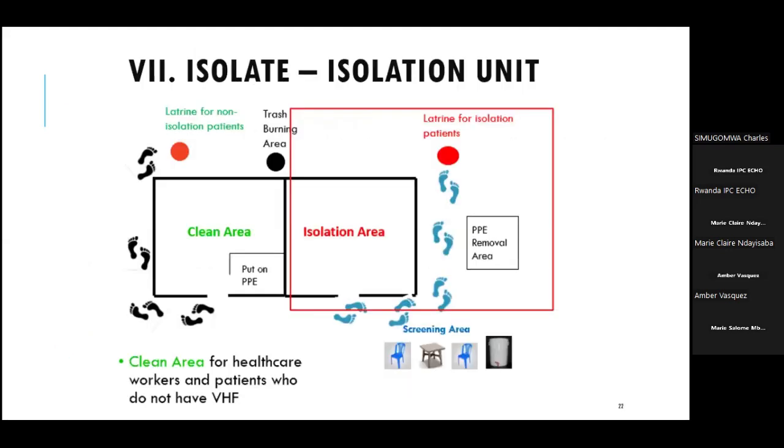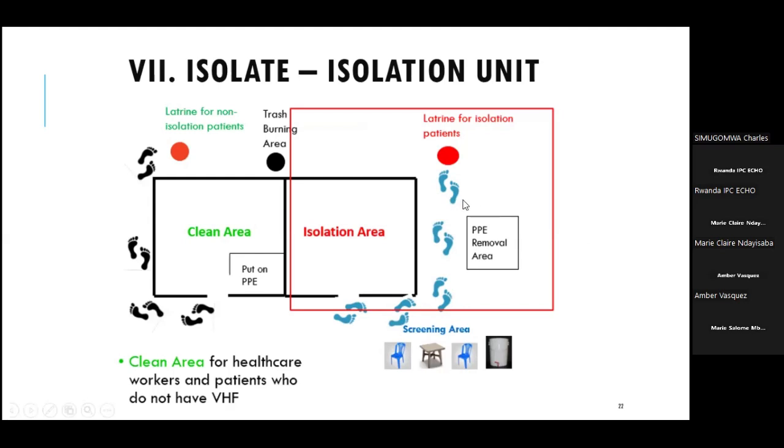When you are setting up isolation, there are key components that must be thought of. We must think of having a clean area, which most of the time we label as the green area, and then we must have an isolation area, which is most of the time identified as the red zone.